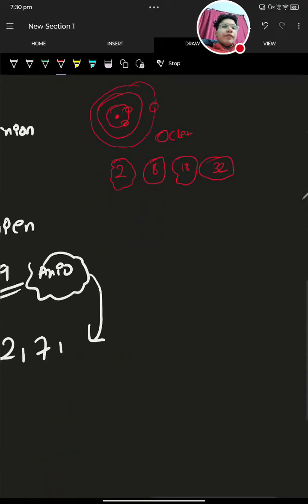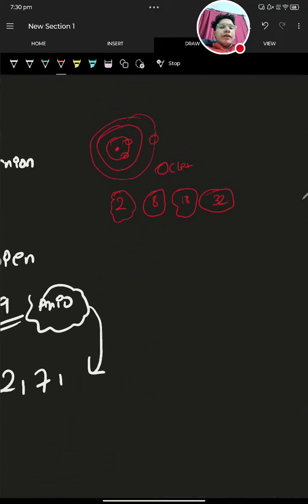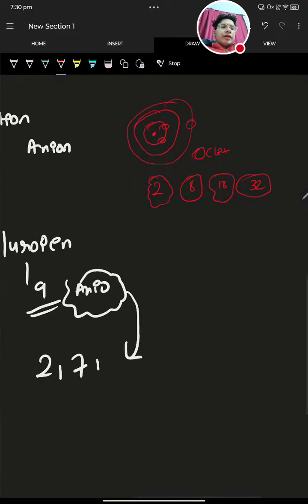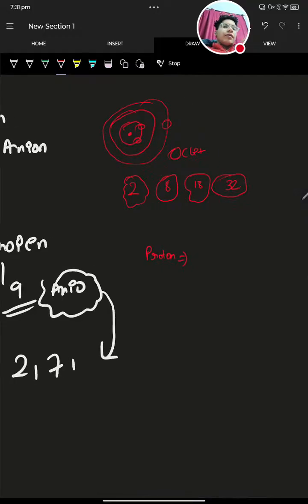If we talk about fluorine, atomic number 9, the protons tell what the element is on the basis of atomic number. If the proton number is 9, it is fluorine.